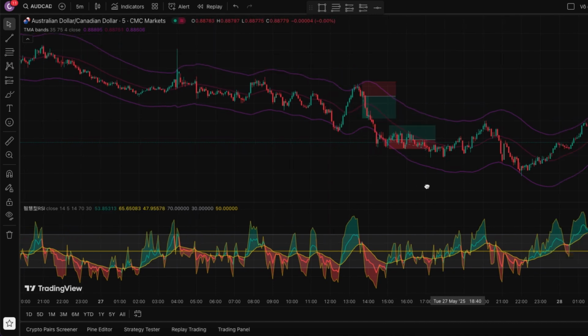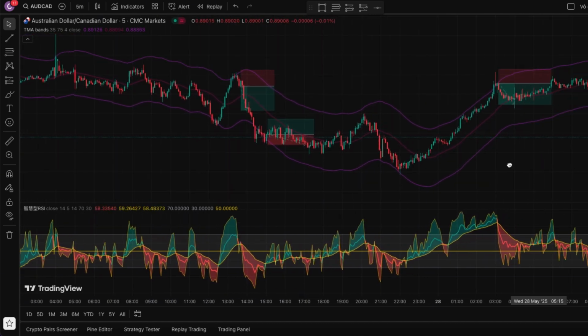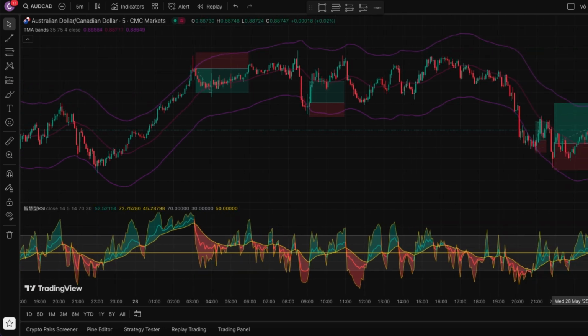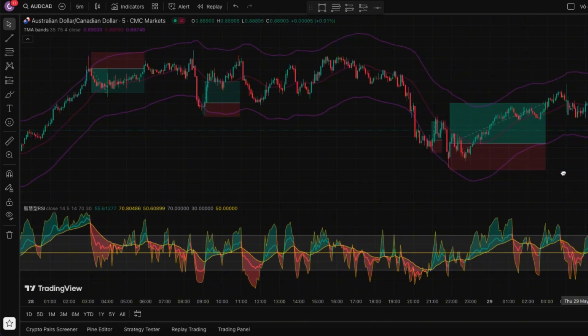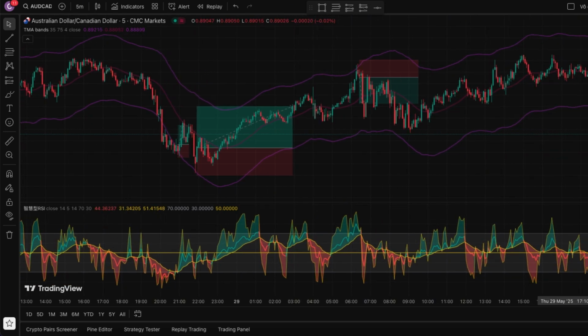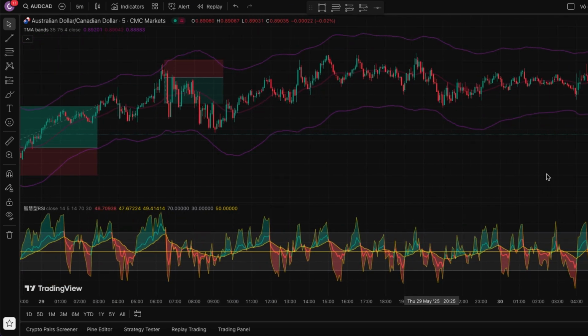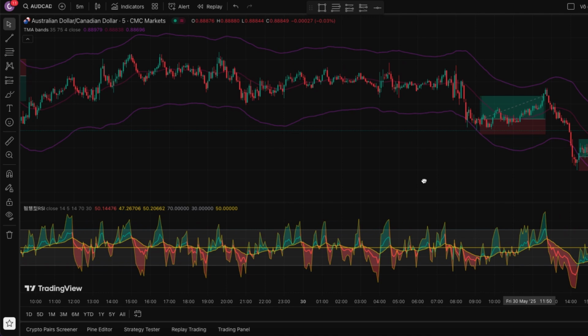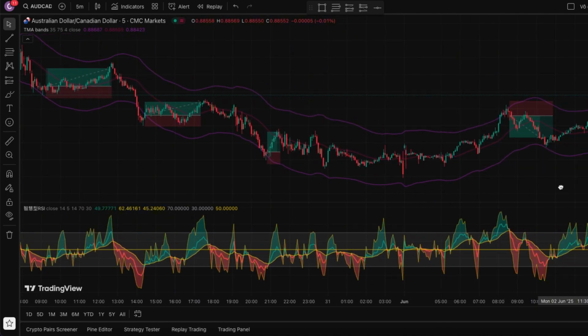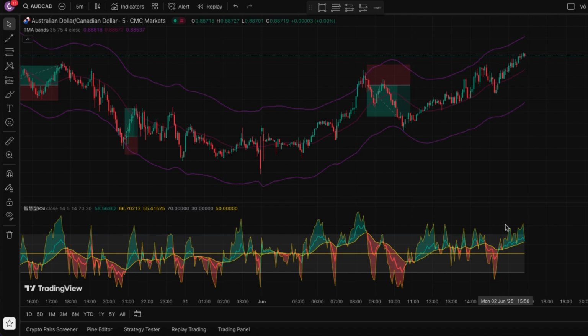When the RSI rises out of the oversold area, it turns blue, that's your buy signal. When it drops out of the overbought zone, it turns red, that's your sell signal. This visual cue makes it incredibly easy to spot potential reversal points, even in fast-moving markets. And that's it for the setup. In the next part, we'll break down the exact entry rules so you know when to pull the trigger.